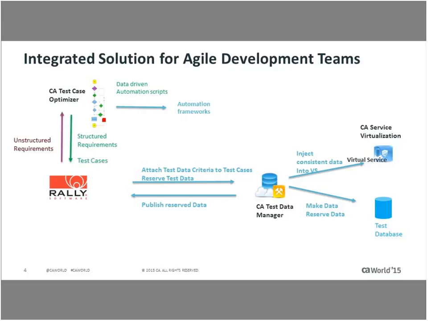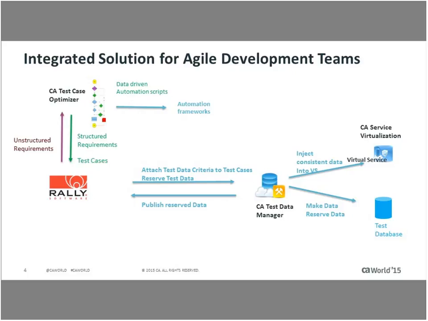And then on the backend side, obviously service virtualization is one of the key parts of your environment now. We were already making the data consistent in your test case input data, as well as in the test databases. With the integration into SV, we are also allowing you to integrate with virtual services so that the data is consistent across all three aspects of it.